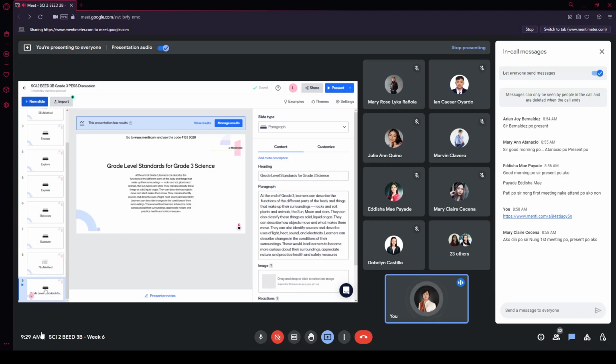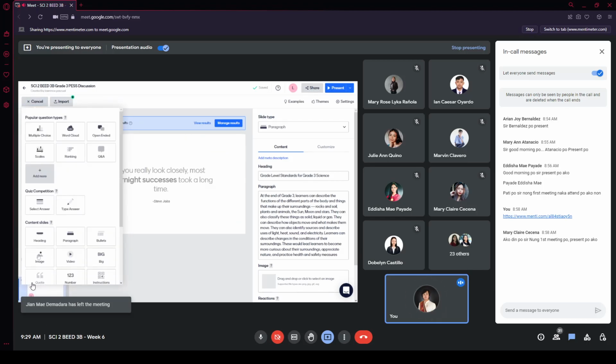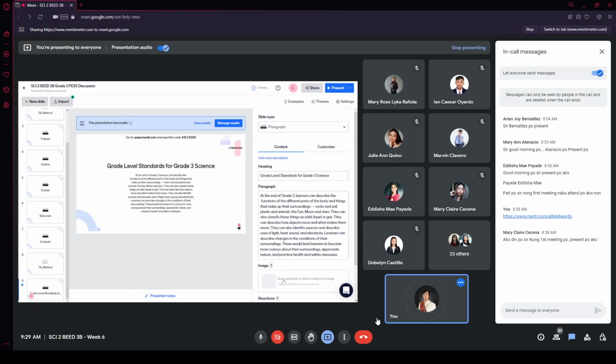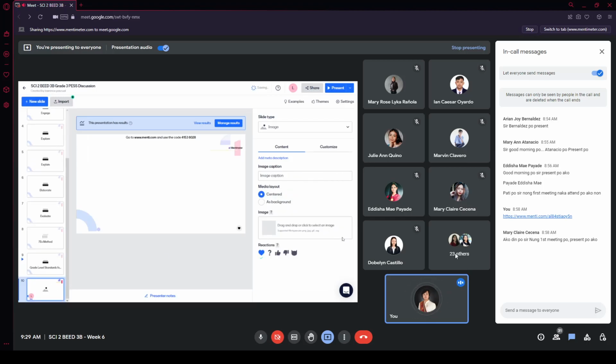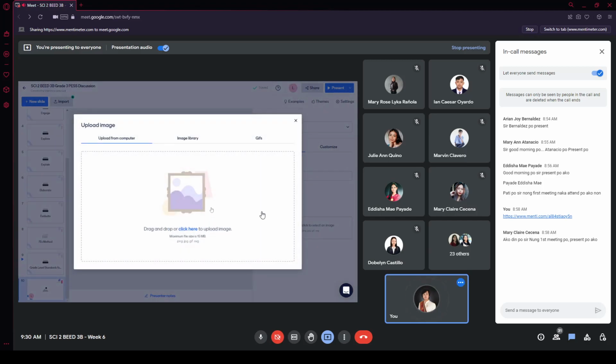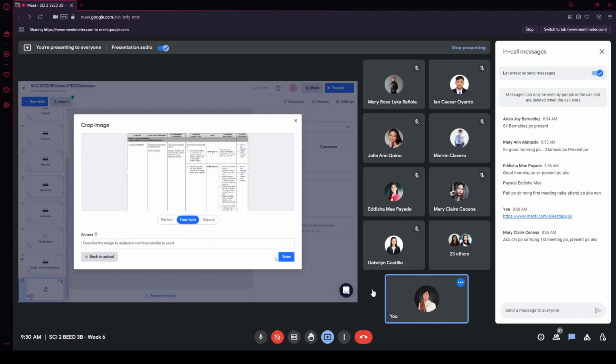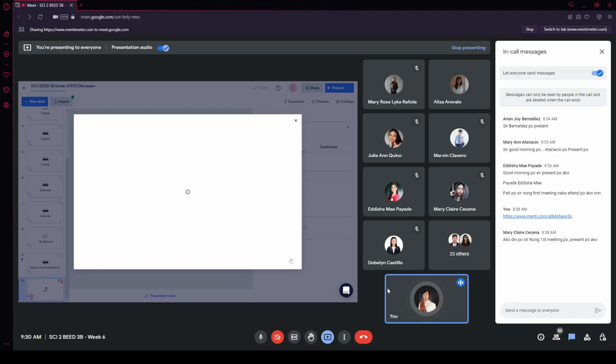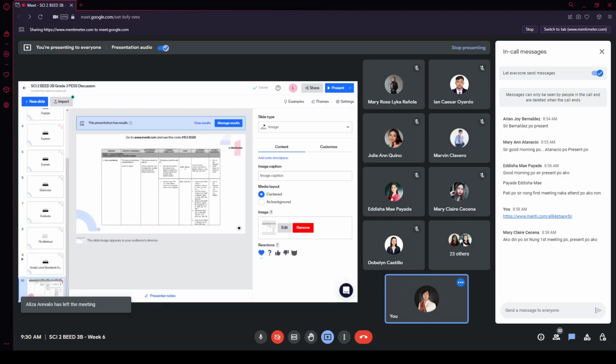So let me just put some images here. Although this is already part of the K-12 Science Curriculum Guide, right? Let's place this here. So for the entirety of Science Grade 3, let's place this here.